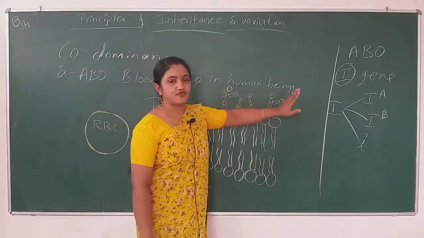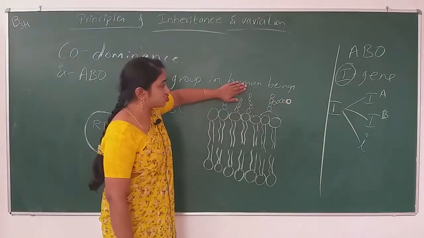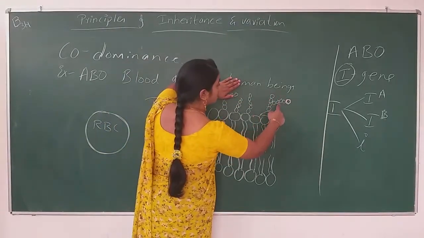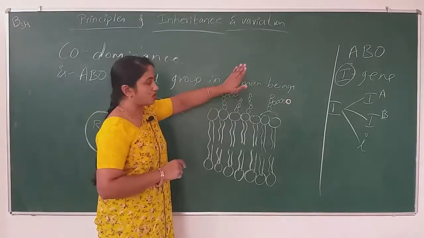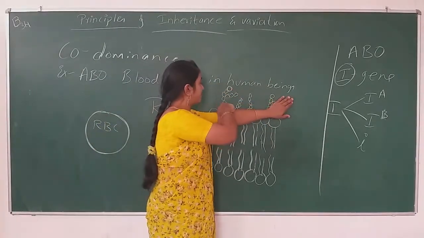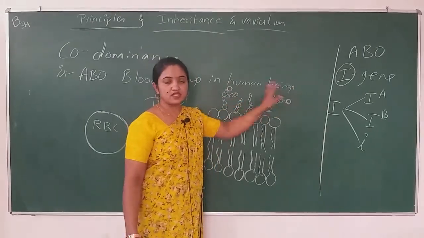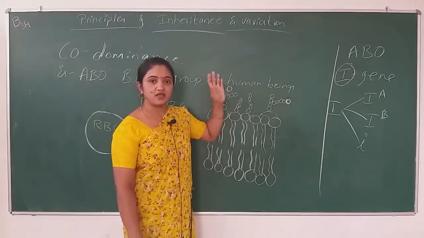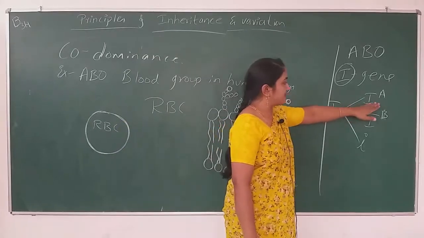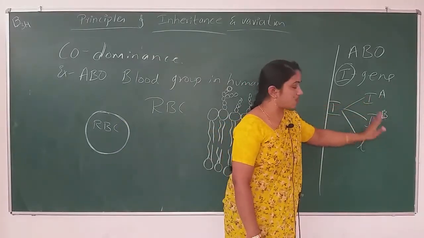For example, if a person has the sugar polymer only on the carbohydrate chain, or on the glycolipid chain, these two confirm that the person has either A blood group or B blood group.